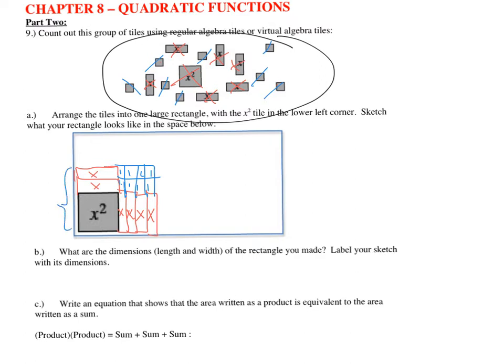So this dimension, well, this is of length x, this is of length x, so we get x squared. This is of length 1, because it's x units, this way x times 1 gives you the x. And then we have 1, 1, 1, 1, so that we've got x plus 2 by x plus 4.